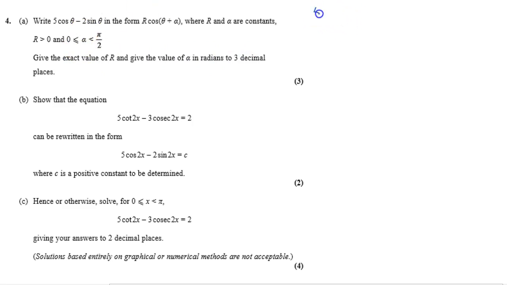The expression is 5 cos theta minus 2 sin theta.